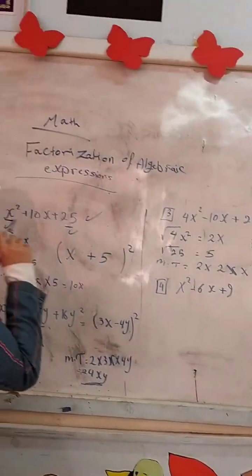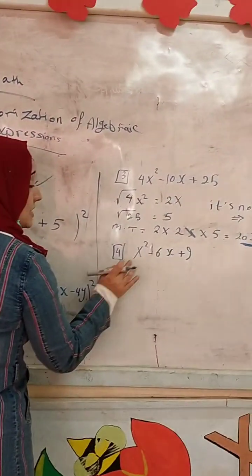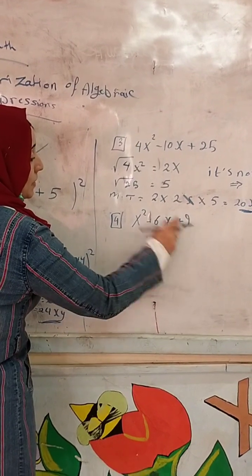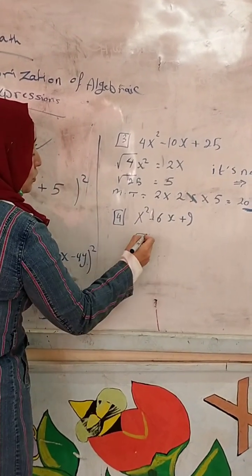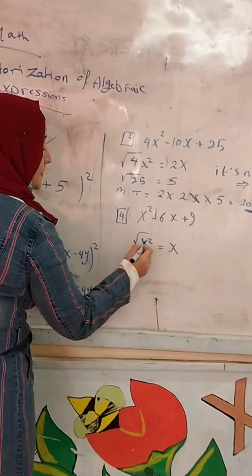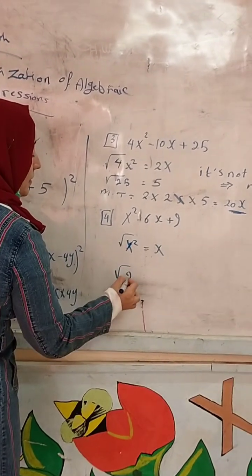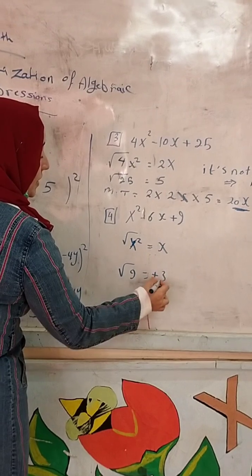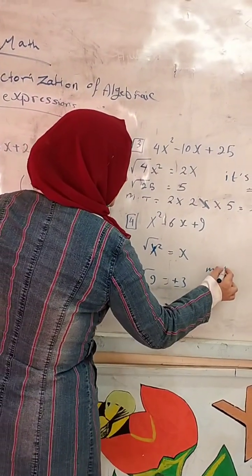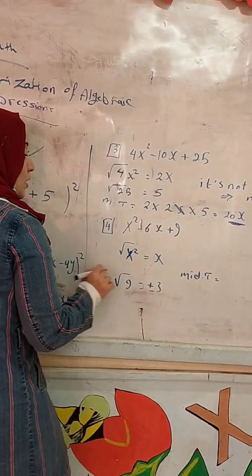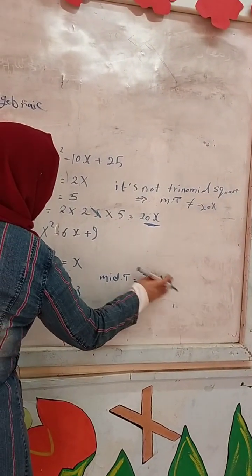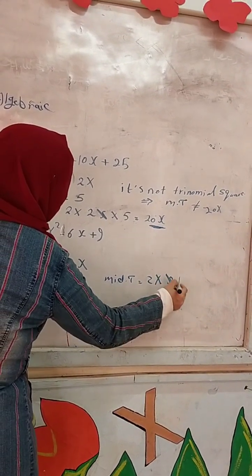Let's look at the last expression. The last expression here is x^2 minus 6x plus 9. The square root of the first, x^2, equals x. The square root of 9 equals plus or minus 3. And the middle term here is equal to 2 times x times 3.